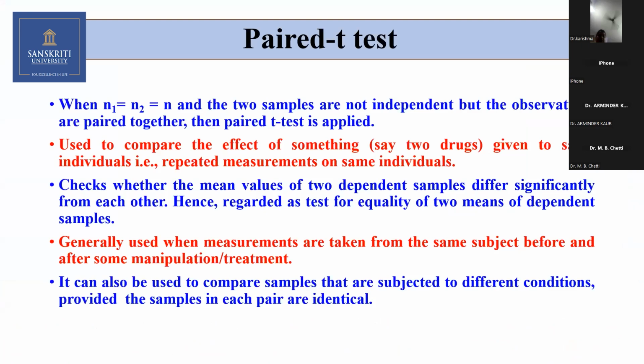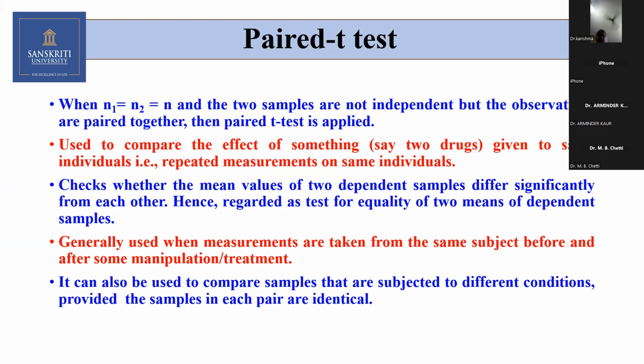Now I'll shift on to the paired t-test. In this case, it is to test an intervention within one group, meaning before and later. Suppose you want to test a drug given to the same individuals before as well as after giving the drug. I was telling you in the last class itself, Gopalji should have given you one questionnaire in the beginning as well as later, and he would have tested your knowledge of statistics.